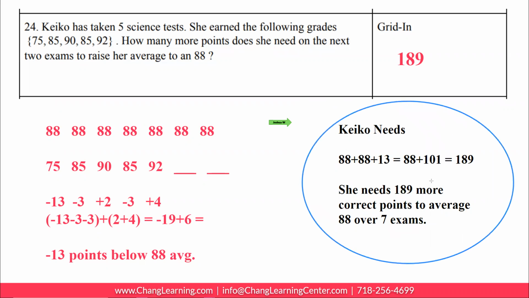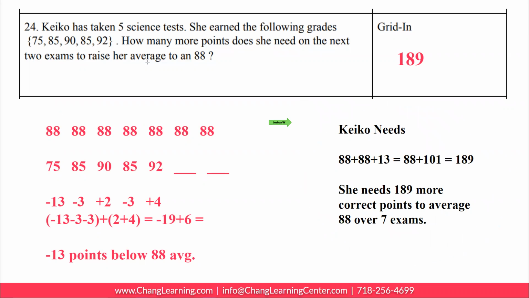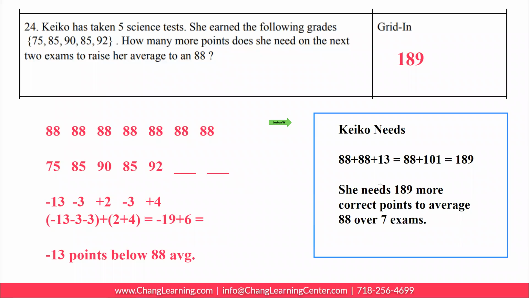Sorry, it's not written on the right. The alternate method is all down below. But most students solve it by adding up her points, which would be all of her points all together, which should be 75 plus 85. That's 160. You can add up any way you want.